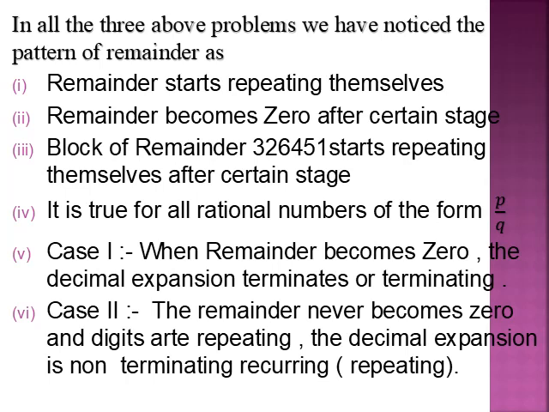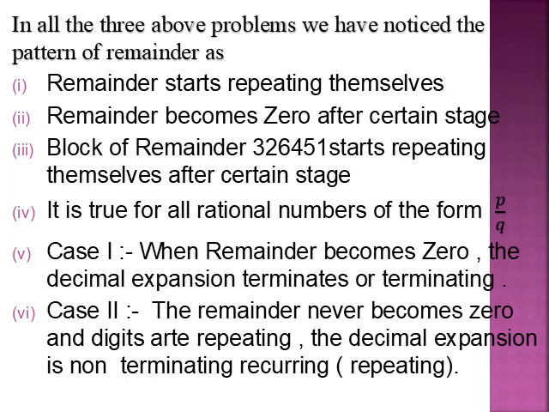So in case 1, when the remainder becomes 0, the decimal expansion that we get as a quotient is called terminating decimal expansion. And in case 2, when the remainder never becomes 0, means the digits start repeating, the decimal expansion is non-terminating and recurring, means repeating.